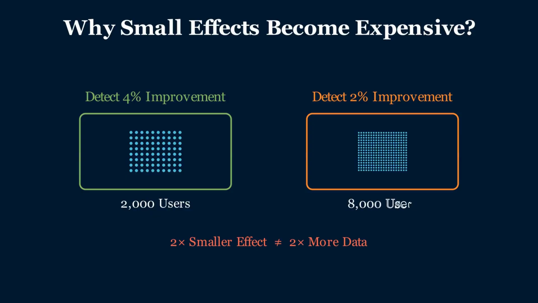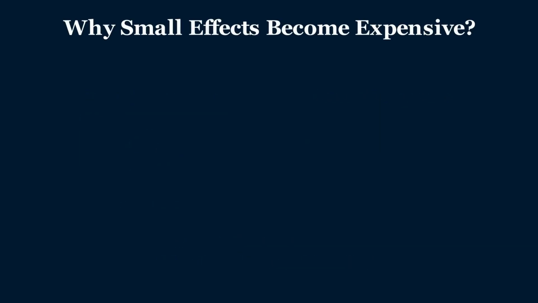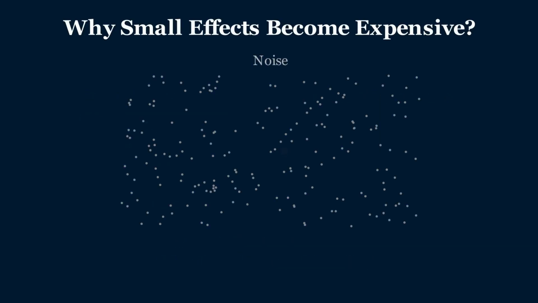But in reality, you may need 4 times more data because as effects become smaller, signal and noise start looking similar. Imagine trying to hear a whisper in a crowded room. The whisper is the effect, the crowd noise is variability, and separating the two becomes dramatically harder.